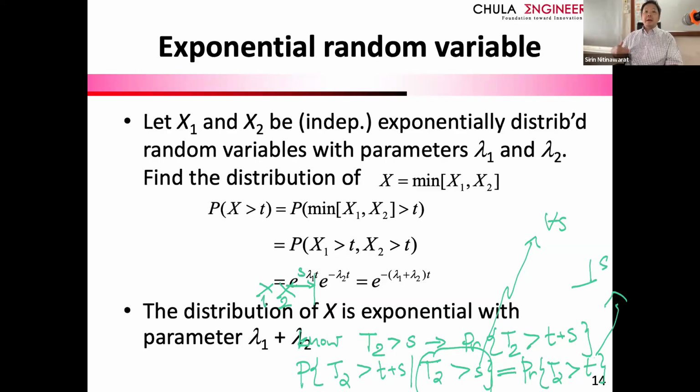If it's 2, it will be 2 lambda. If it's 3, it will be 3 lambda. If you take the minimum of T1, T2, T3, for example, then that minimum will be exponentially distributed with parameter 3 lambda.